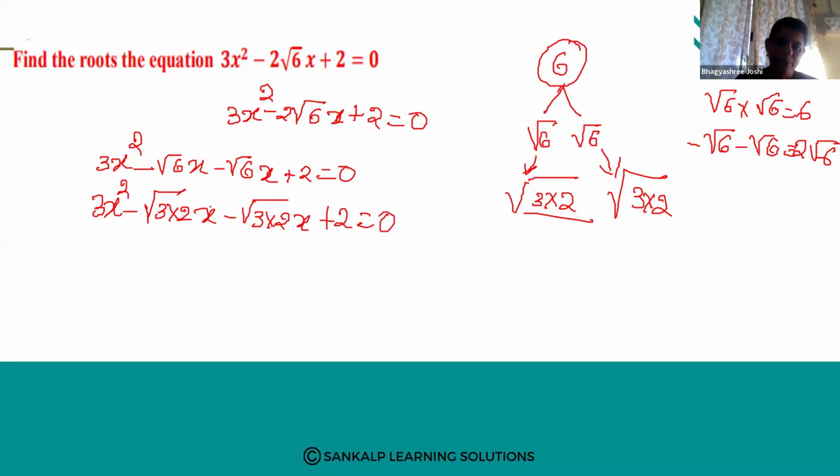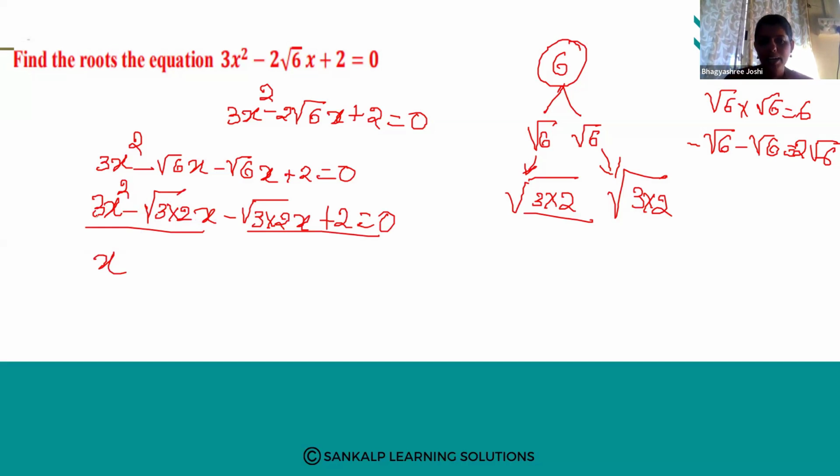Right? Now between these two, which one is common? X is common, right? So x, I will write. Here 3 is there, here root 3 is there. So for that, 3 can be written as root 3 into root 3, right?